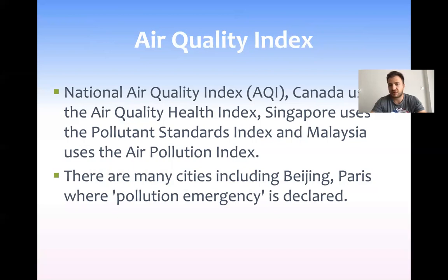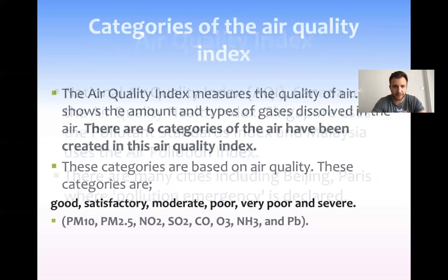For example, they are trying to encourage people to use electric cars rather than gas cars, or they started producing electricity using greener ways, such as solar power, wind power, etc. So hopefully other countries will declare such pollution emergencies. Therefore, we can increase the quality of the air and reduce air pollution.